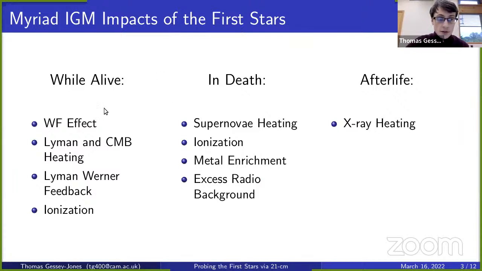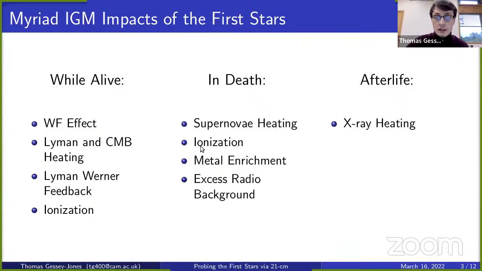These same Lyman band photons that produce the Wouthuysen-Field effect also allow these first stars to heat the gas, both directly and indirectly via CMB heating. They can also change the chemical composition of the IGM via the Lyman-Werner feedback, and also, along with higher band UV photons, can ionize the gas.